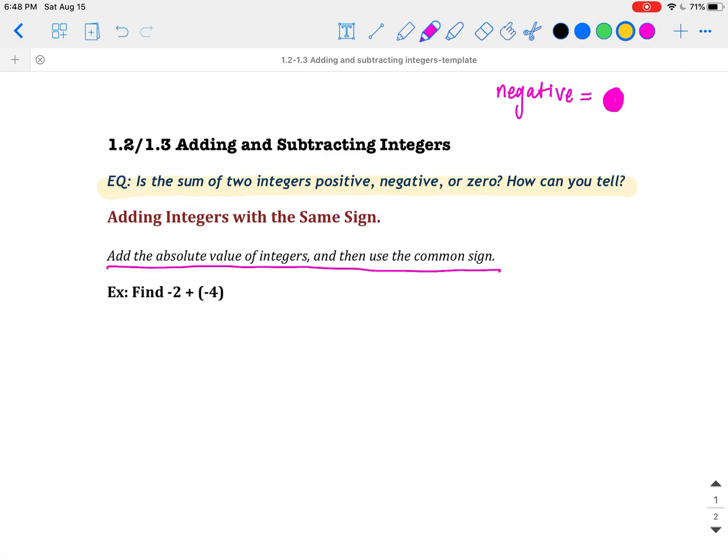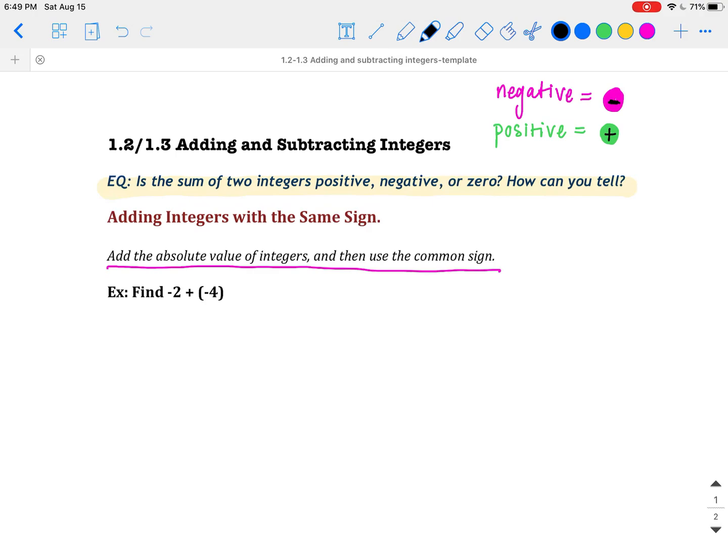It's going to be this pink circle. Okay, and if I really wanted to, I could put a little negative sign in there. And then to represent the positive, I'm going to use a green circle. And like I said, I could take the extra step and put a little plus sign in there as well.